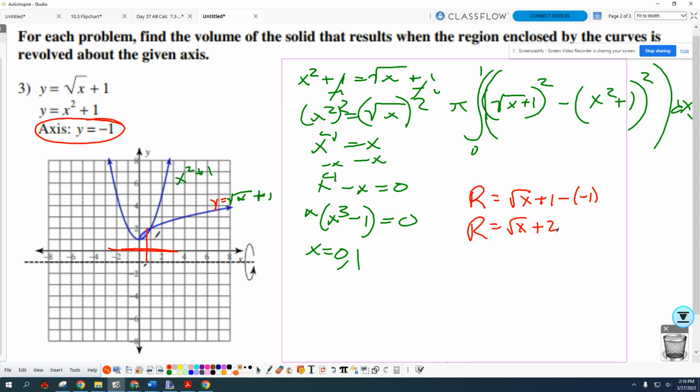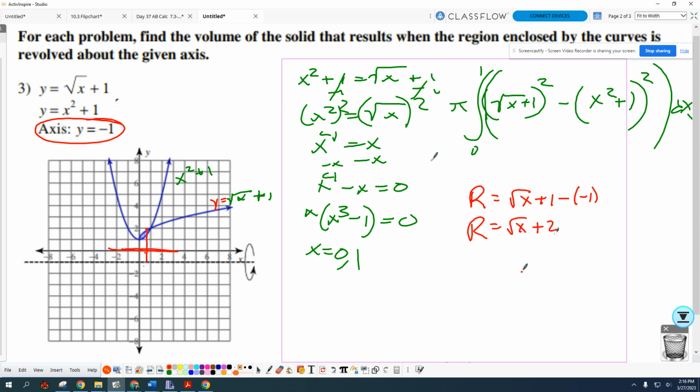The distance from the curve to the x-axis is square root of x plus 1. And then I need to take one more unit down to get to what I'm spinning around. So the distance is square root of x plus 2. Yes? The bounds we're integrating over, 0 and 1, stay the same.